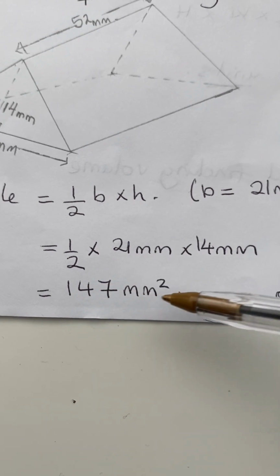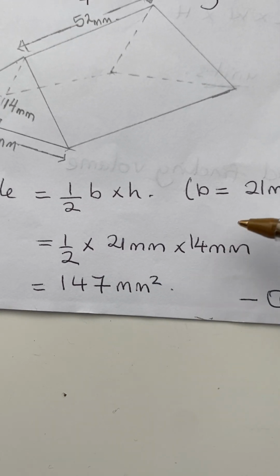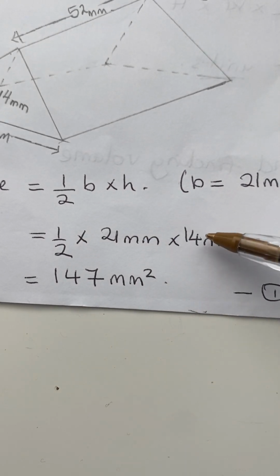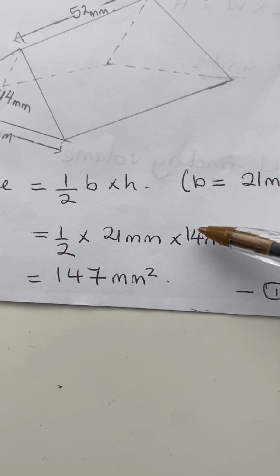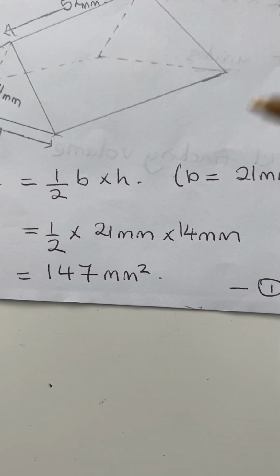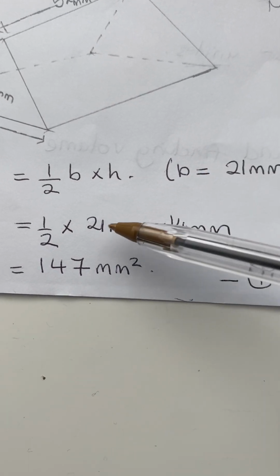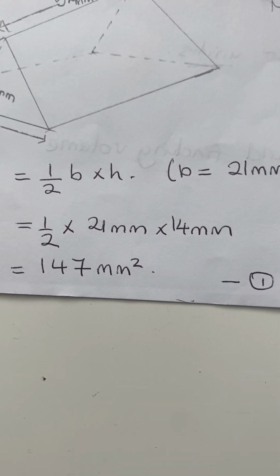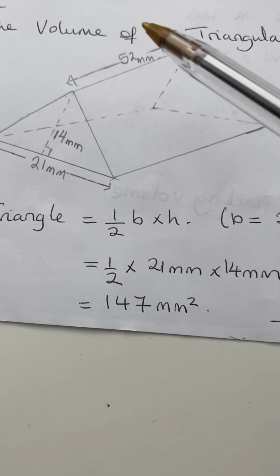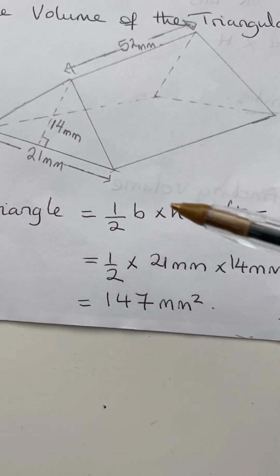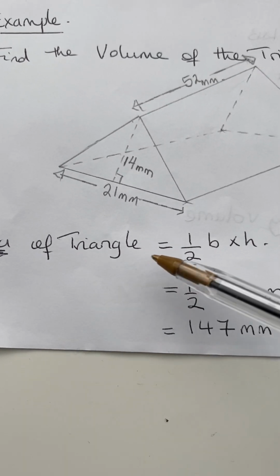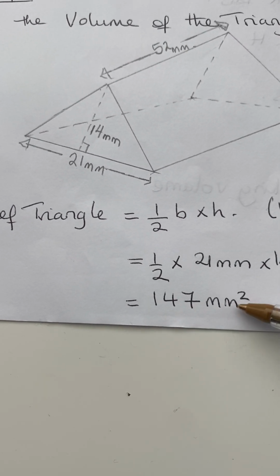If you do this correctly, by calculator or by your head, because half of 14 is 7, and 7 times 21 is 147. So you can easily do that because it is easy numbers to work with. You should get 147 millimeter squared. Everything here is in millimeters, so our answer will be millimeter squared.